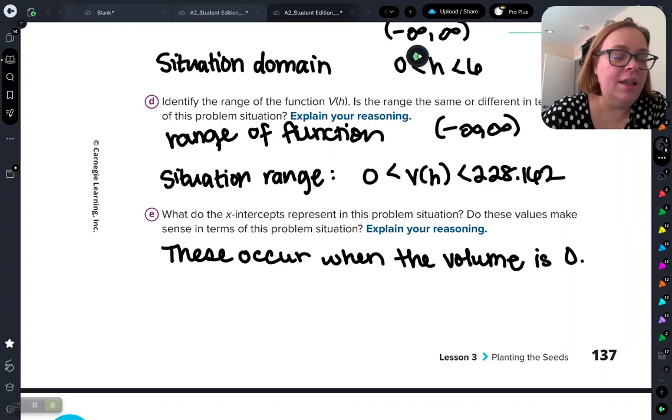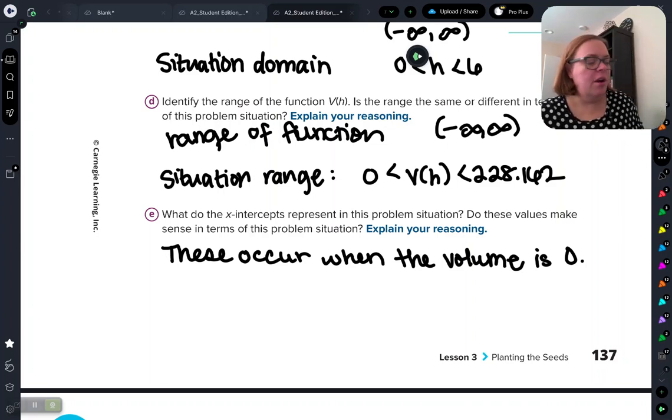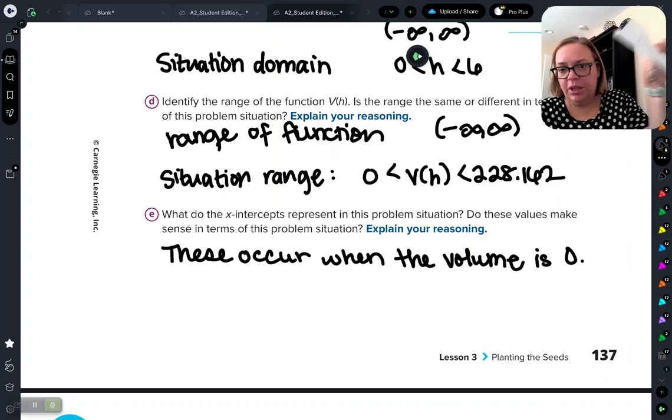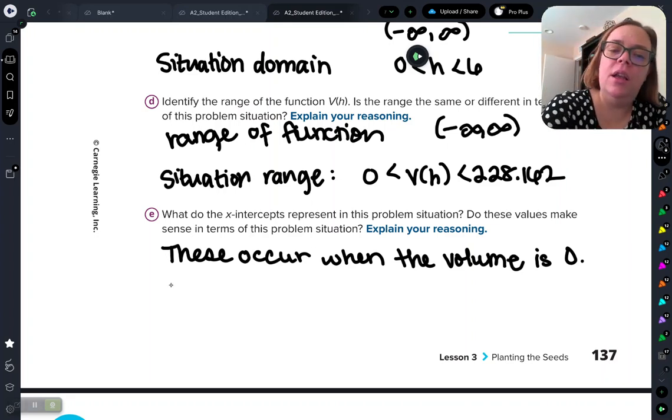Do they make sense for the problem situation? Not really. Why would you make something that has a volume of 0, right? Why would you just fold the sheet in half and not make an actual planter, right? It doesn't make any sense. So no, these do not make sense.